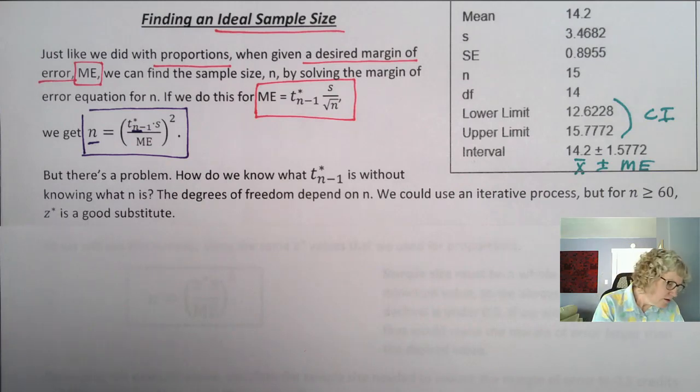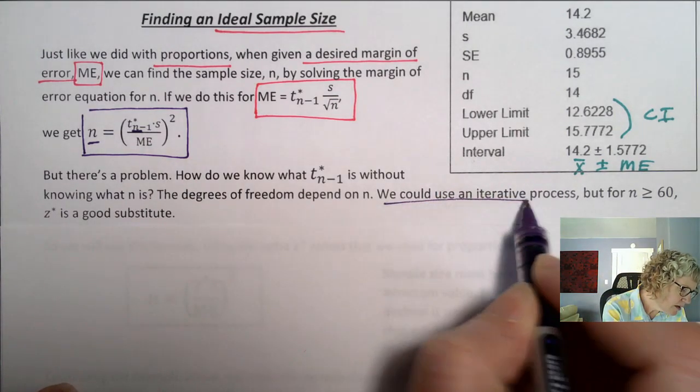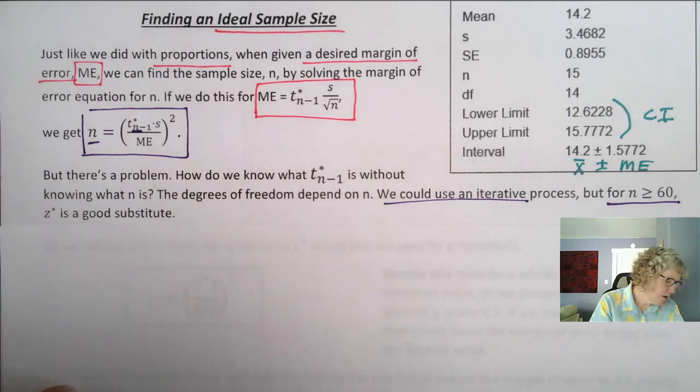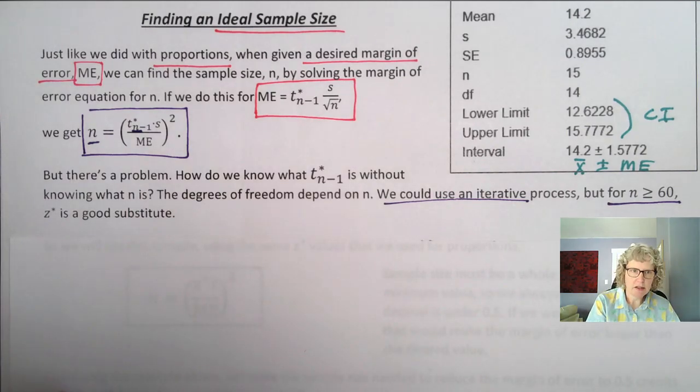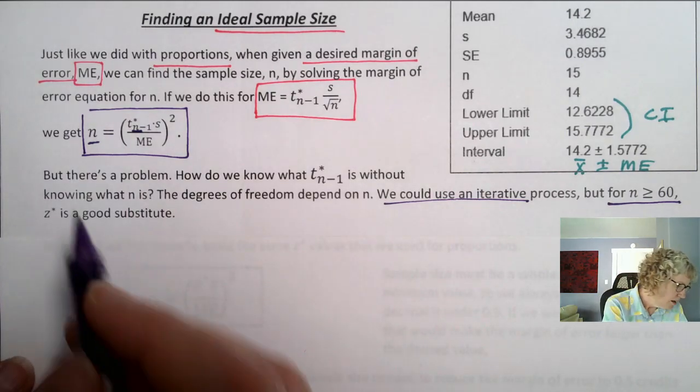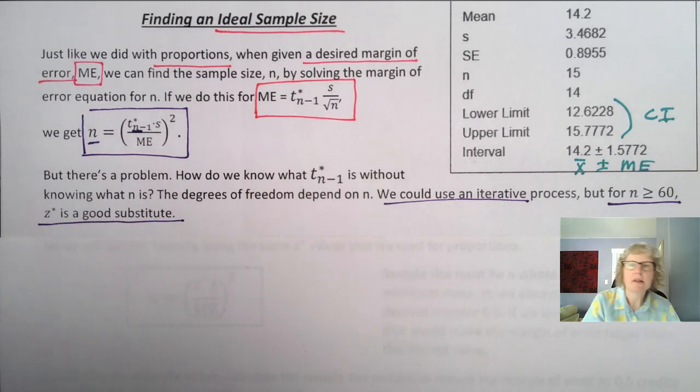Especially when n is greater than 60, so even more than 30, z star is a good enough substitute. If we're trying to find a smaller margin of error, we'll probably have a larger sample size.